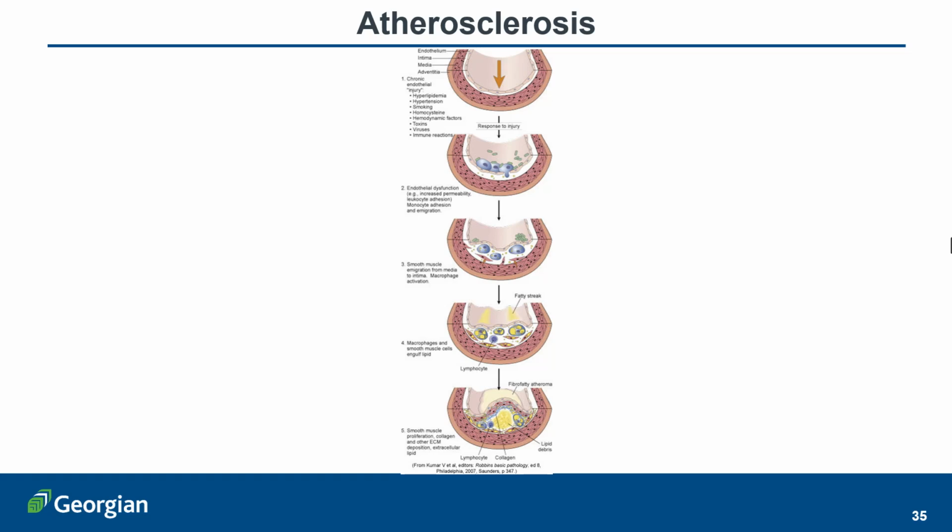Here's a diagram that explains atherosclerosis. You have some chronic endothelial injury due to hyperlipidemia, hypertension, smoking, various other toxins, etc., or even an autoimmune reaction. That in turn causes endothelial dysfunction, whereby you have increased permeability and a recruitment of white blood cells. That causes smooth muscle hyperplasia.